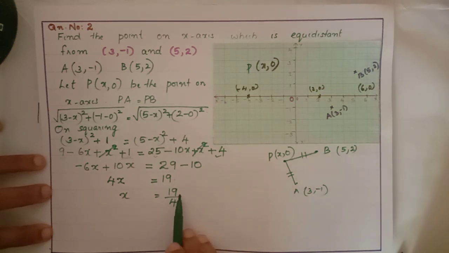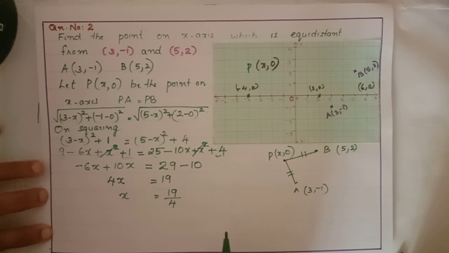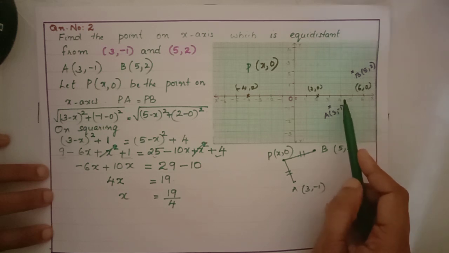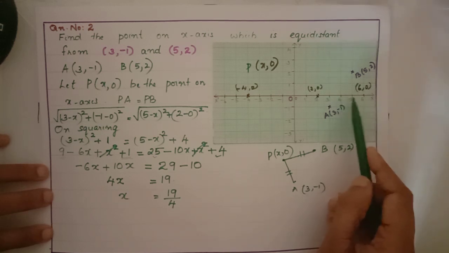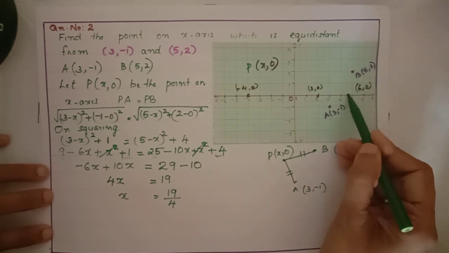You can keep it in rational form itself, or if you want, you can convert it into decimal form. But it is not compulsory. Usually in coordinate geometry, if you are getting any coordinate as rational form, you can keep it as it is. Okay. So 19 by 4, actually it will come between 4 point something. So 4.75. So it will come between 4 and 5. Okay. So that is the point somewhere here.